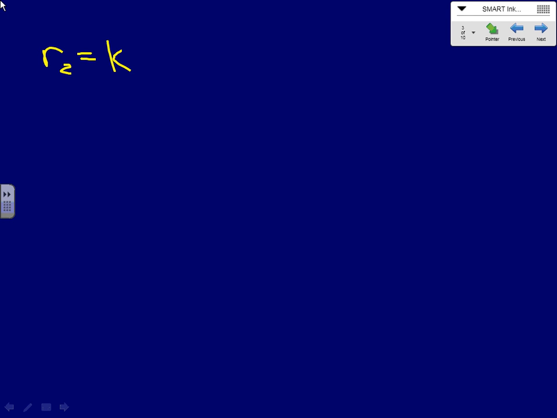So rate during a second trial is equal to k, and I'm going to use some general reactants here because I want to come up with just a general equation for now, and then you can apply it to whatever equations you get. So again, I'm going to use A and B. The concentration of A, 2x. So this means the concentration of A in the second trial. And that's equal to the concentration of B, again, 2y.